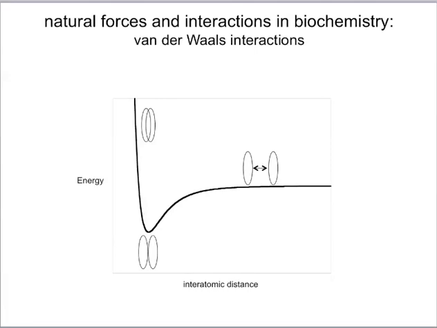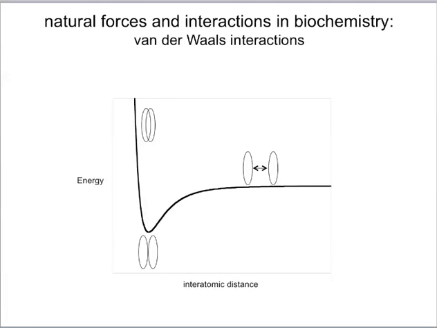So the fact that the electron density is not uniform instantaneously means that there might be partial negative charge on one part of the molecule. That induces a partial negative charge, or a partial negative charge on one atom, even though it's transient, might induce a partial positive charge on a neighboring atom. That's a favorable interaction. So that's how we can break down a Van der Waals interaction into an electrostatic interaction.